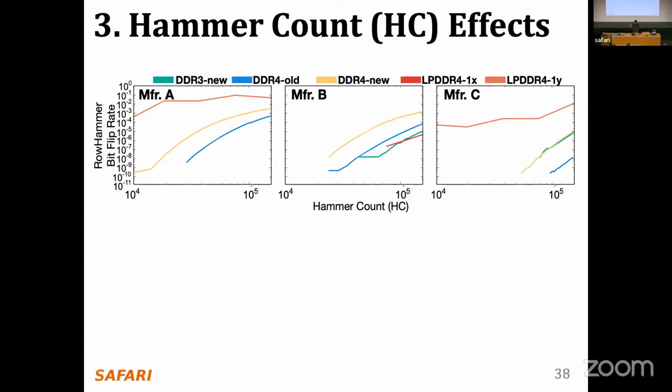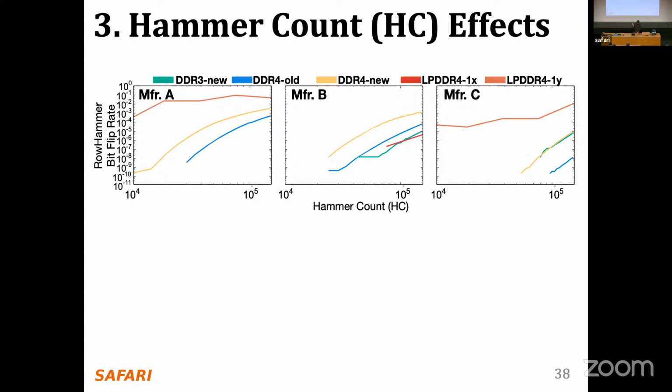The first thing they look at is, for a given hammer count, how many bit flips you can achieve for these different generations of DRAM chips.